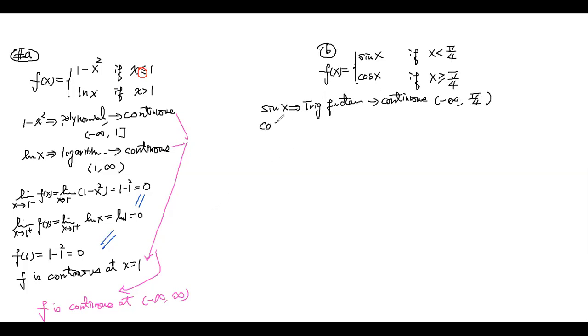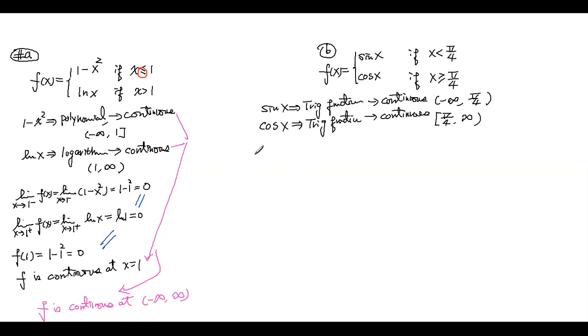In the same way, the cosine x, this is a trig function as well. And we know this is continuous. Where is it continuous? Because it's greater than or equal to, it's a closed bracket to positive infinity, right? So the only thing I need to prove is at the pi over 4.